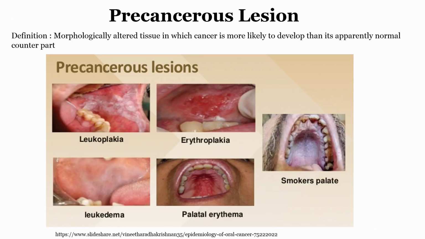You can see here morphologically altered tissue in which cancer is more likely to develop than in its apparently normal counterpart. You can very clearly see the different types. It can be leukoedema, it can be erythema, it can be leukoplakia, it can be smoker's palate, and it can be erythroplakia.